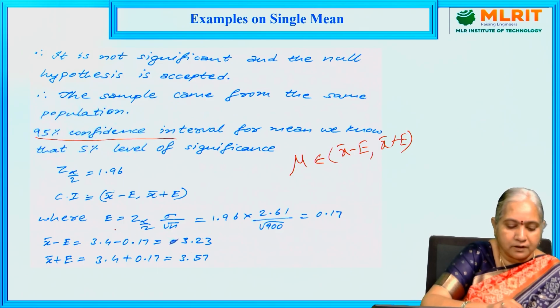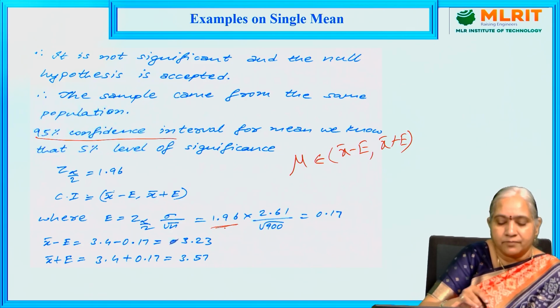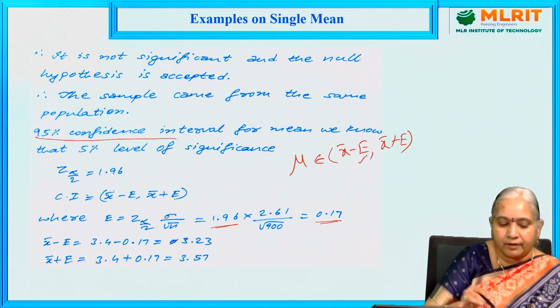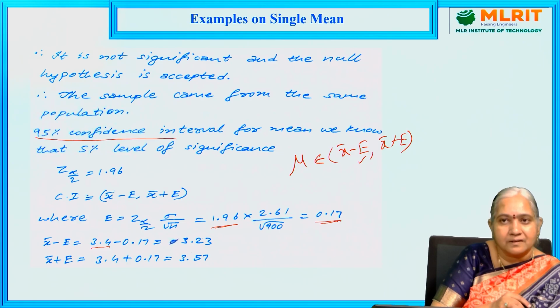Substitute the values: Z alpha by 2 is the tabular value 1.96 for a two-tailed test at 5% level of significance, into sigma, which is 2.61 by root 900. This is 0.17. So E value is 0.17 and X bar is 3.4, the mean of the sample.